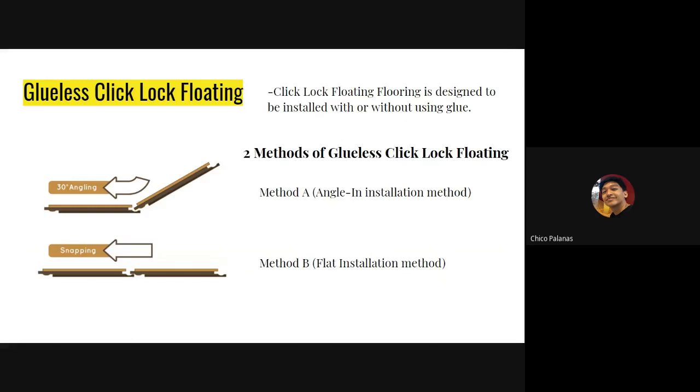For this method, you must use a special tapping block to control the pressure so the other planks do not move. It should be sitting flat on the floor to avoid damaging the panels. You must tap them together gradually.